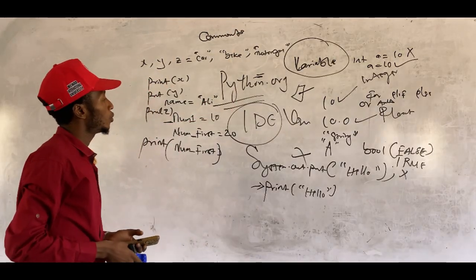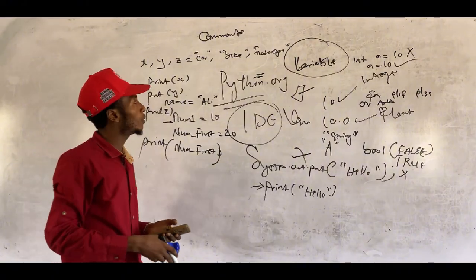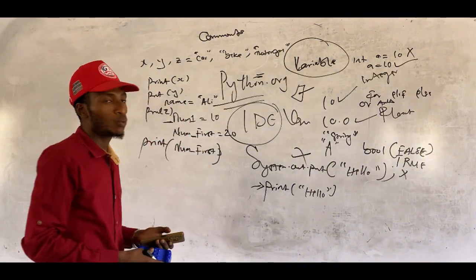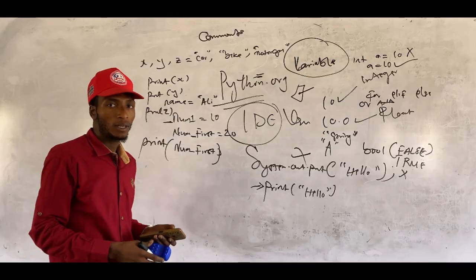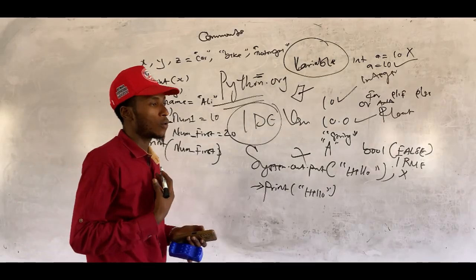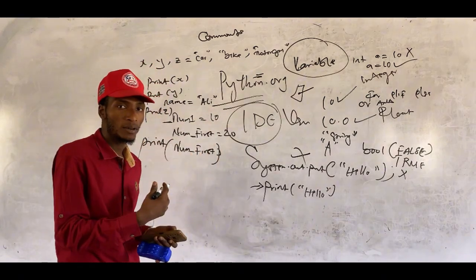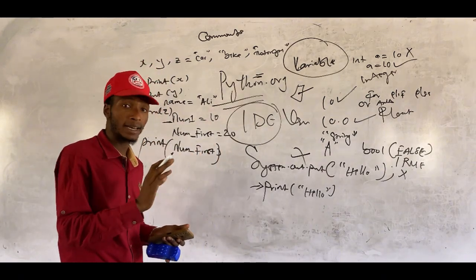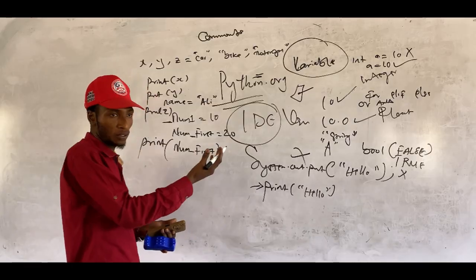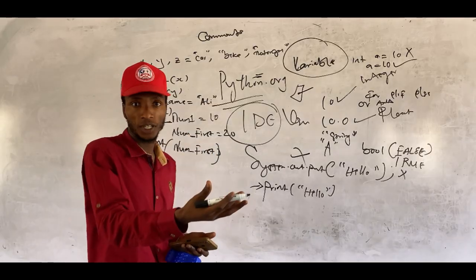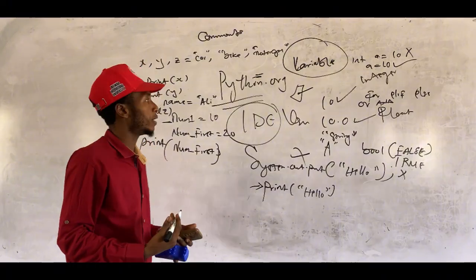So just like other programming languages, in Python we also have a comment. Comments are just for readability purposes. It doesn't add or subtract from your program, but it's good so that you can explain your logic more in your program.